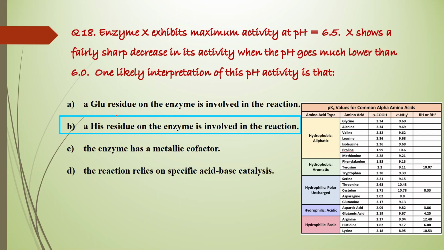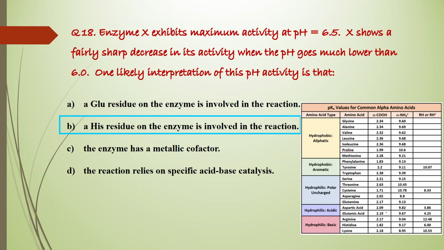We all know that glutamic acid means you have your COOH groups. If you look here, you can see the pK values for all the groups in the case of glutamic acid.